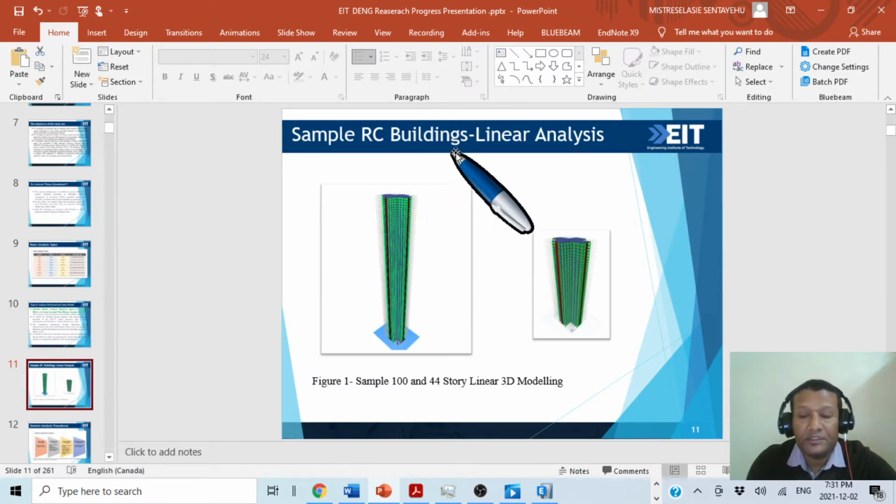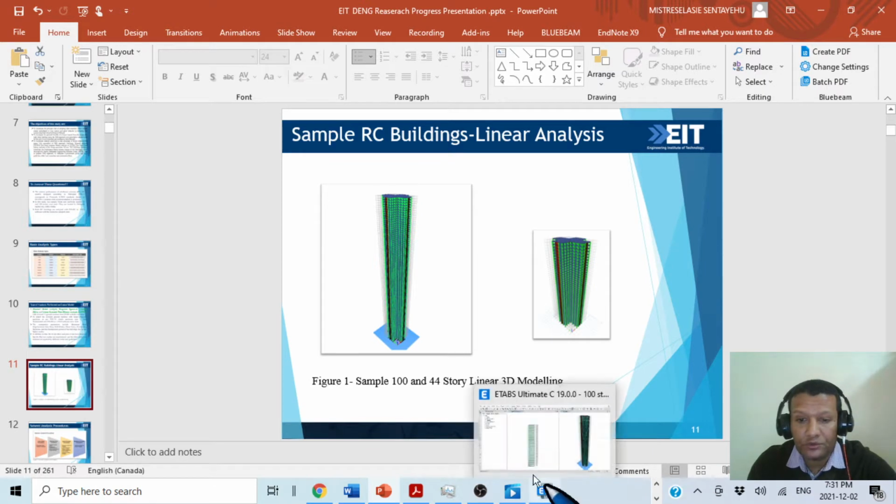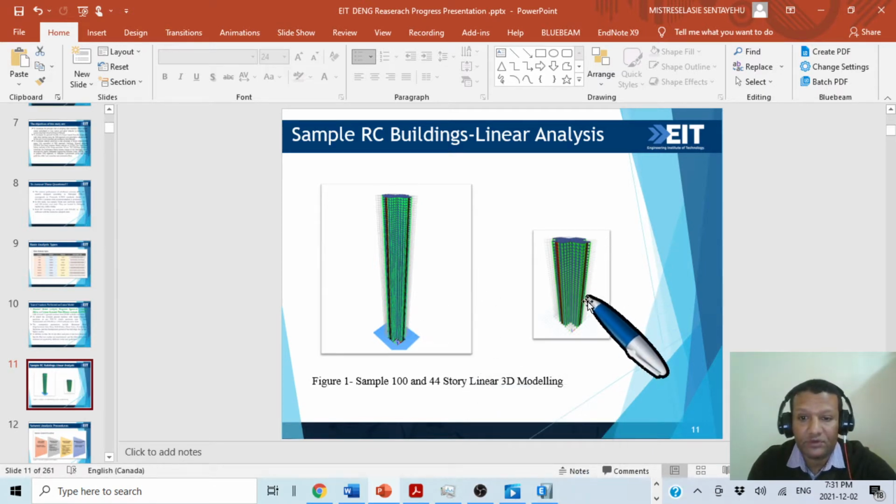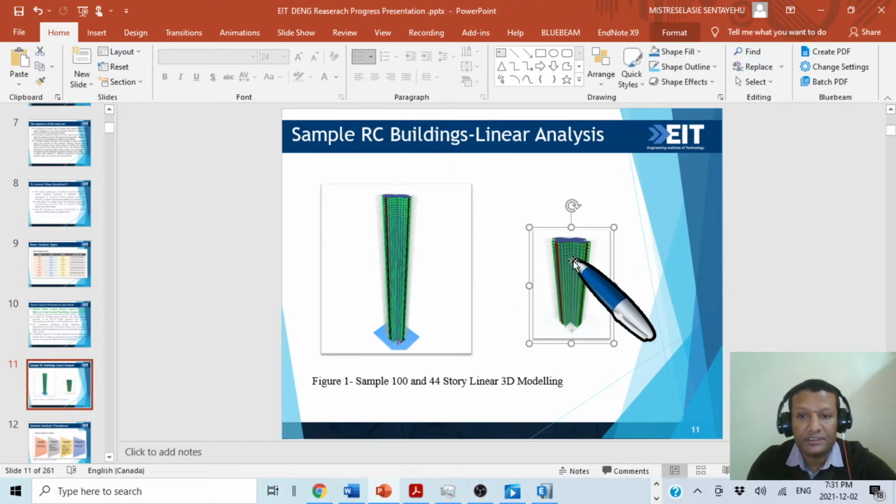This is simple RC building linear analysis. As I showed you, we have a 100-story and a 44-story building. So it's kind of a case study. This work is original. This is novel work because this is our design.